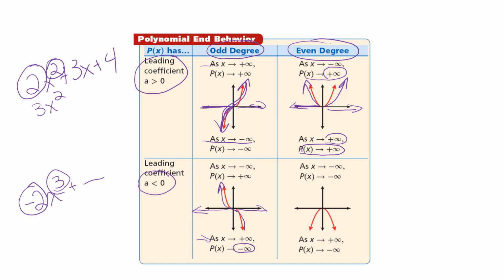Now if my function had an even degree, so let's say it was negative x squared, as x approaches negative infinity, in this direction, my function gets more and more negative.